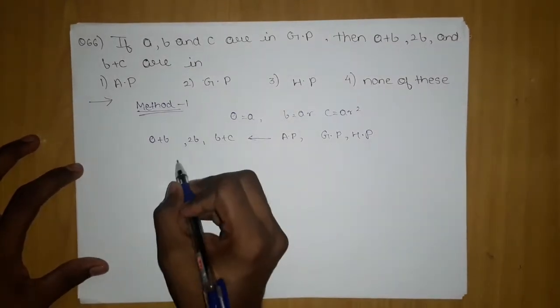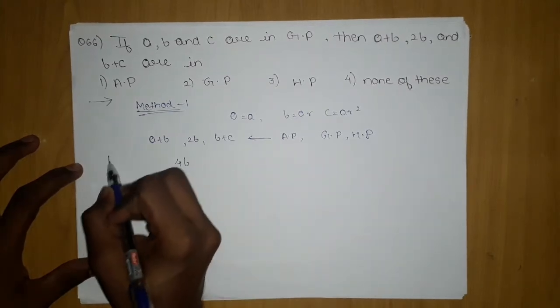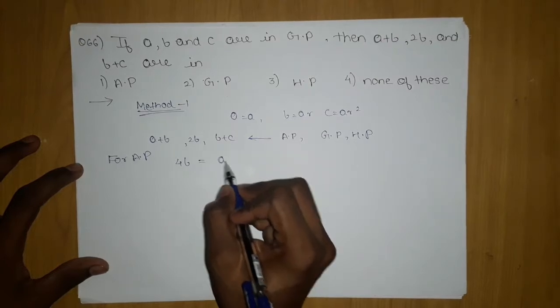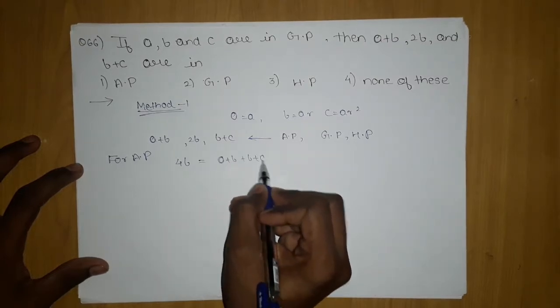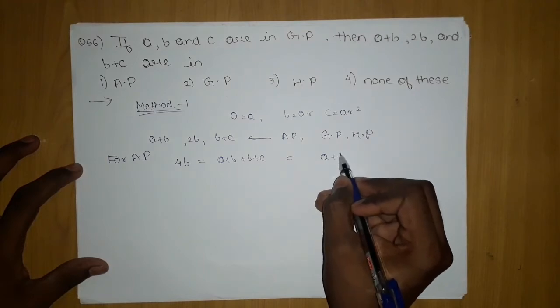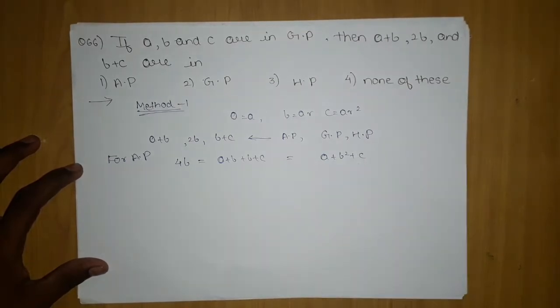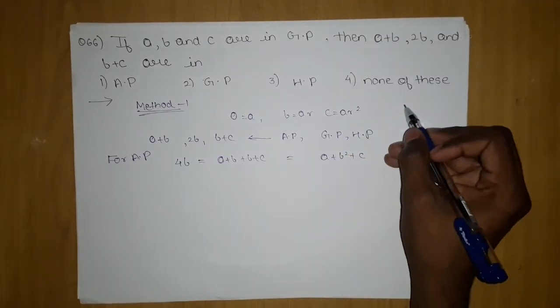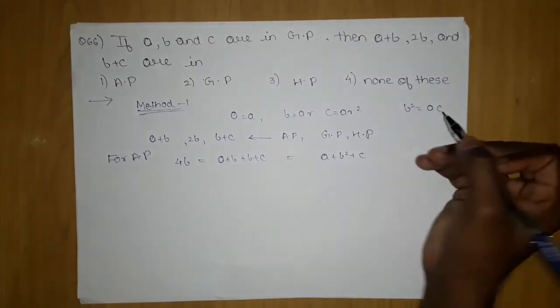First I am checking for AP. For AP, 4B should be A plus B plus B plus C, so what I am getting is A plus 2B plus C. Now this is my one condition. The second condition, which is the GP condition, is B square is equal to AC.